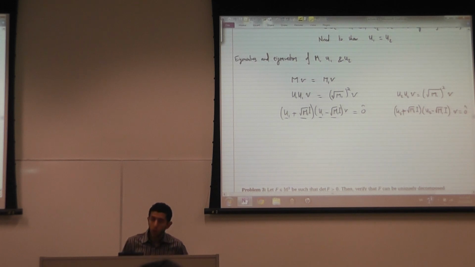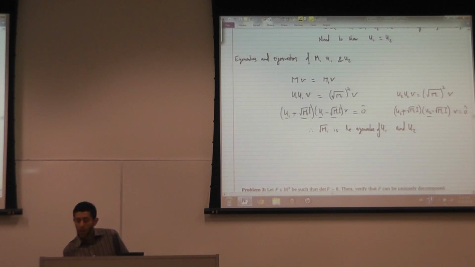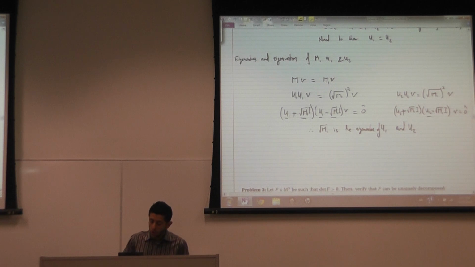Now we assume that U1 is positive definite, therefore root M1 is the eigenvalue of U1 and U2. Because I cannot use negative square root of M1 as an eigenvalue of U, because I said U is positive definite symmetric.